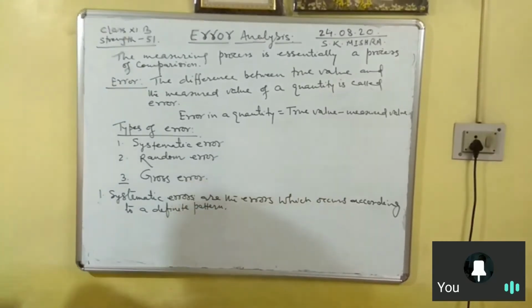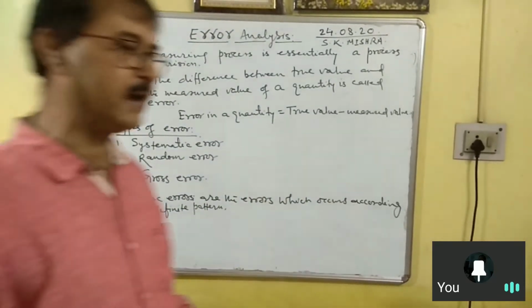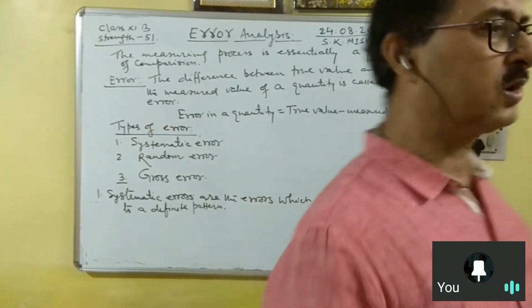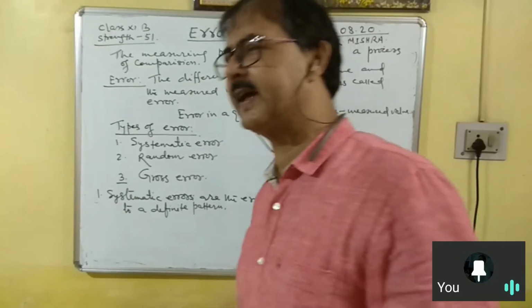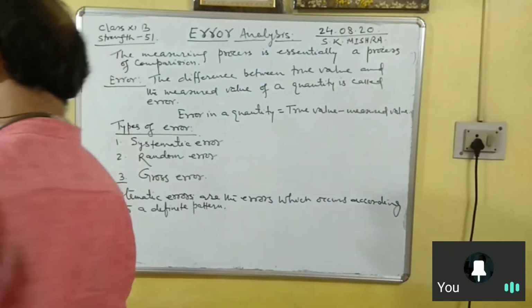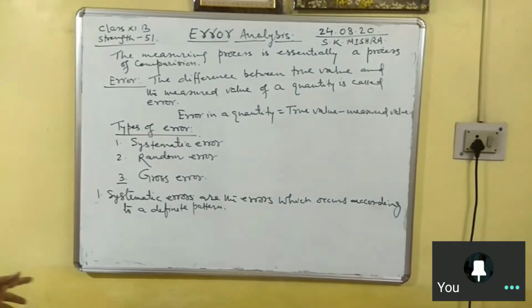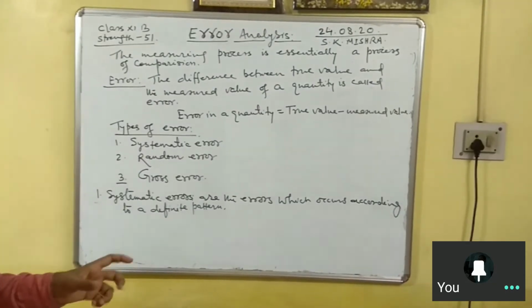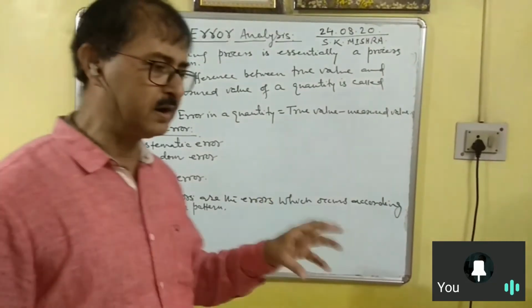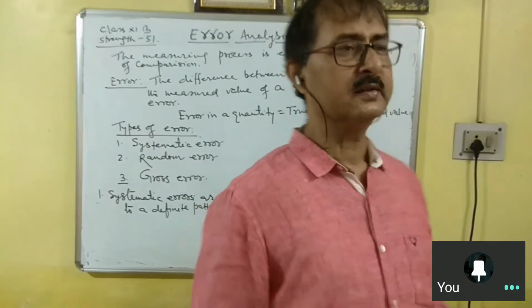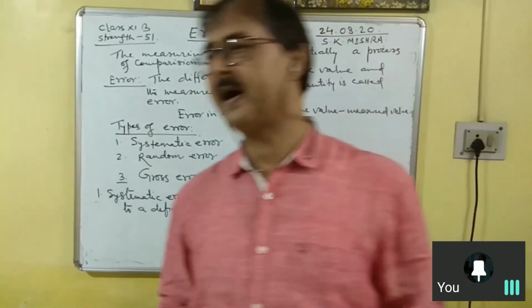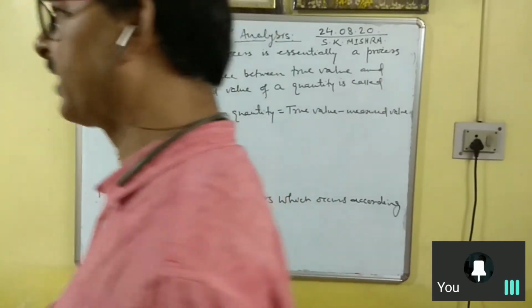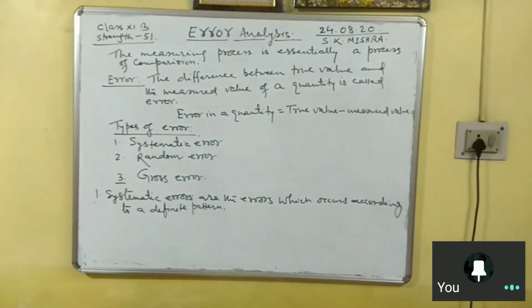You might have seen screw gauge, vernier caliper, maybe voltmeter, maybe ammeter. It has some error, zero error, something like this. And this error is systematic. If you know already that this particular device is having some error, and the reason is known to you, then you can finally remove that portion of error also. So this is called systematic.